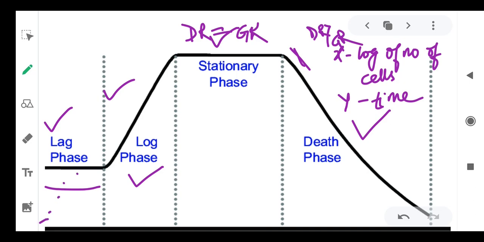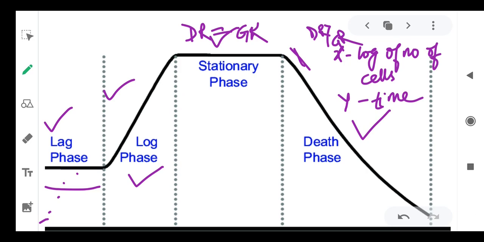This is because when you add certain inoculum into the culture and you start the whole process, there are certain number of cells in the inoculum, in the culture, in the medium. And as a result, we cannot say that the graph should start from zero, that is no cell at all. So this is all about your growth curve.